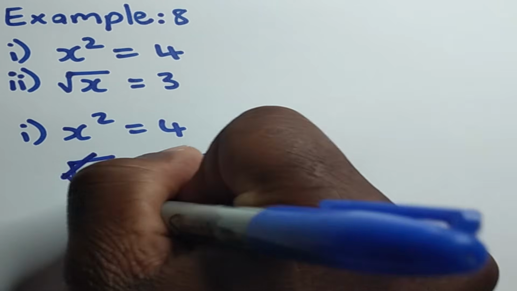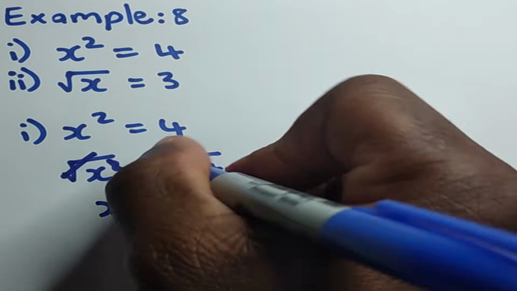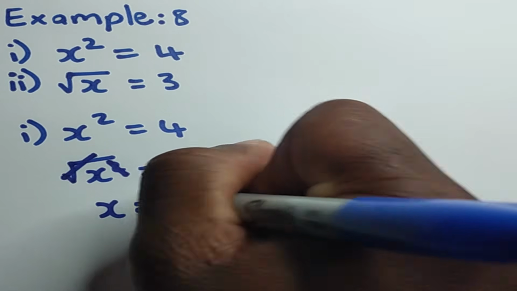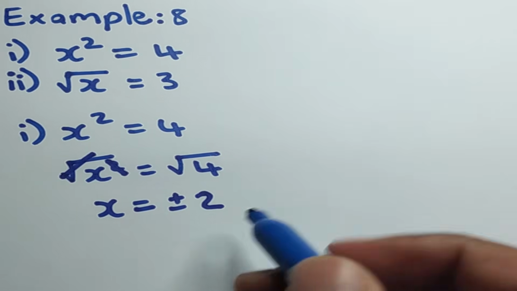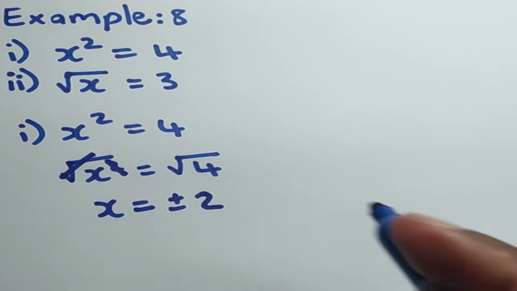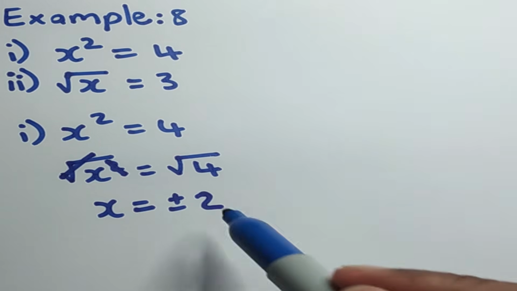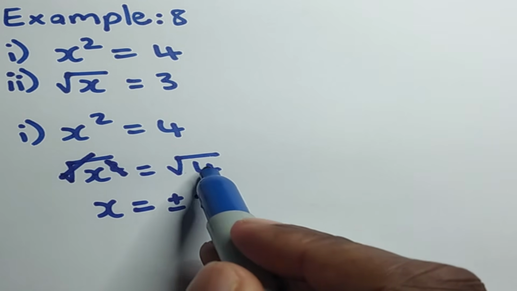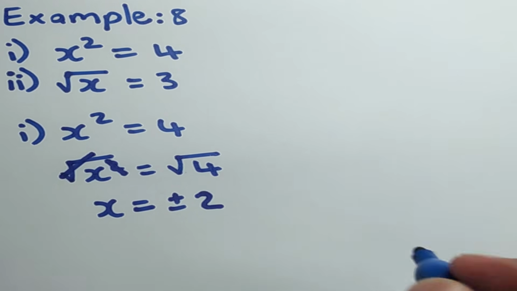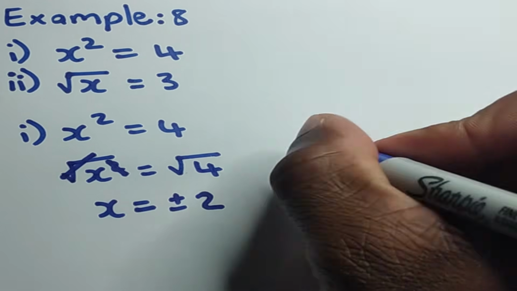So we're left with x is equal to, and the square root of 4 would have been plus or minus 2. All right, and you might be wondering why plus and minus 2. What the square root pretty much gives you is the number or numbers that you can multiply by themselves to get what's underneath the square root, which is 4 in this case. So let's look at it. What and what can we multiply to obtain 4?